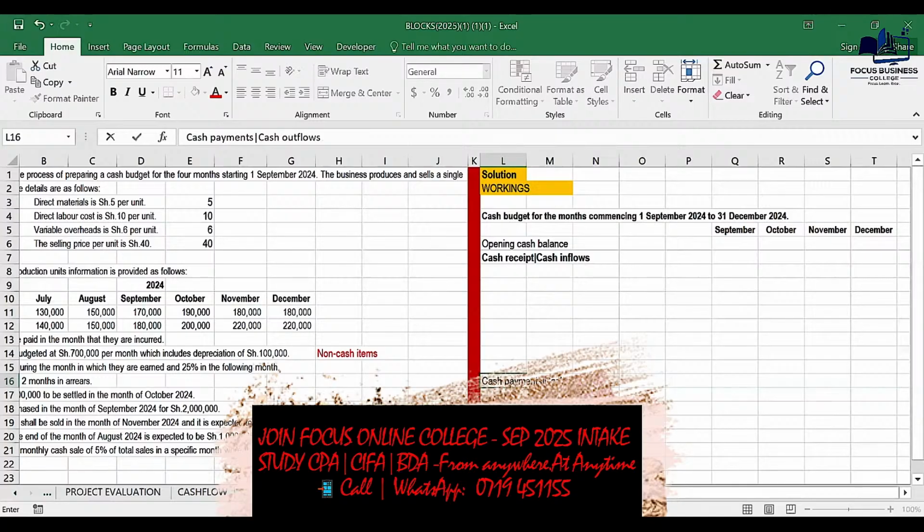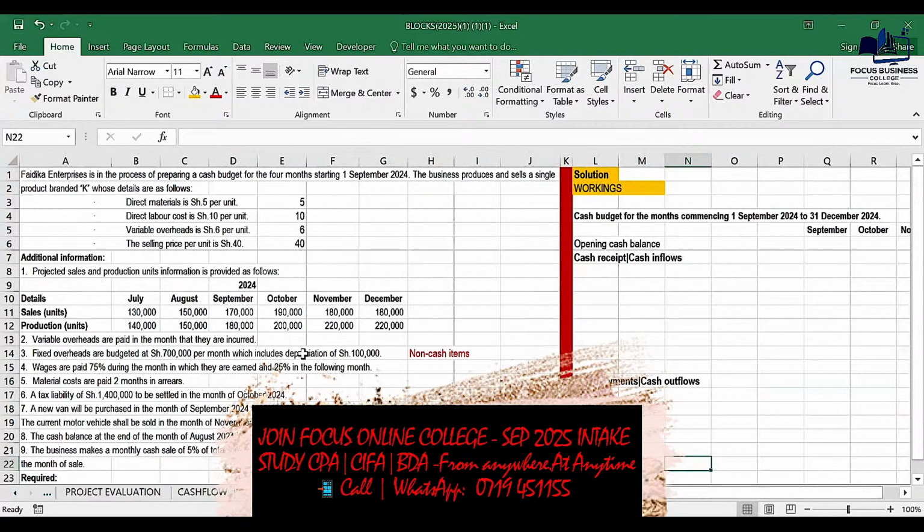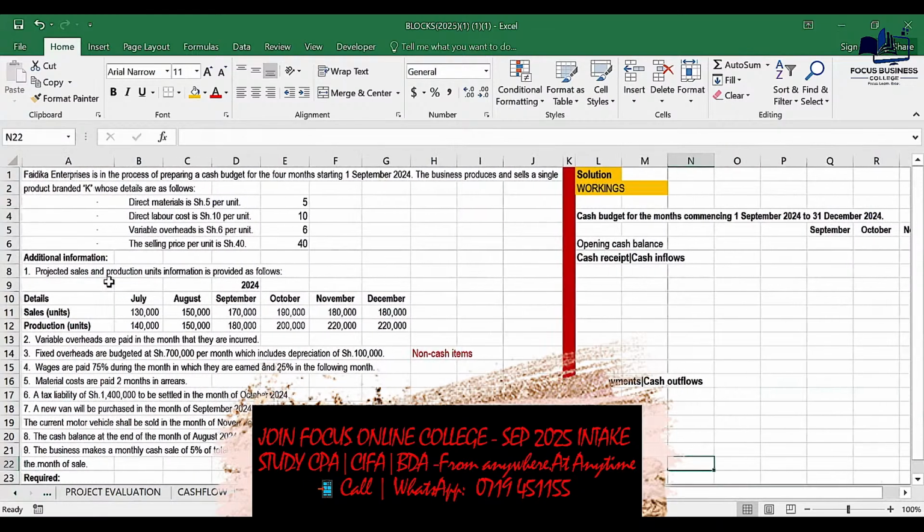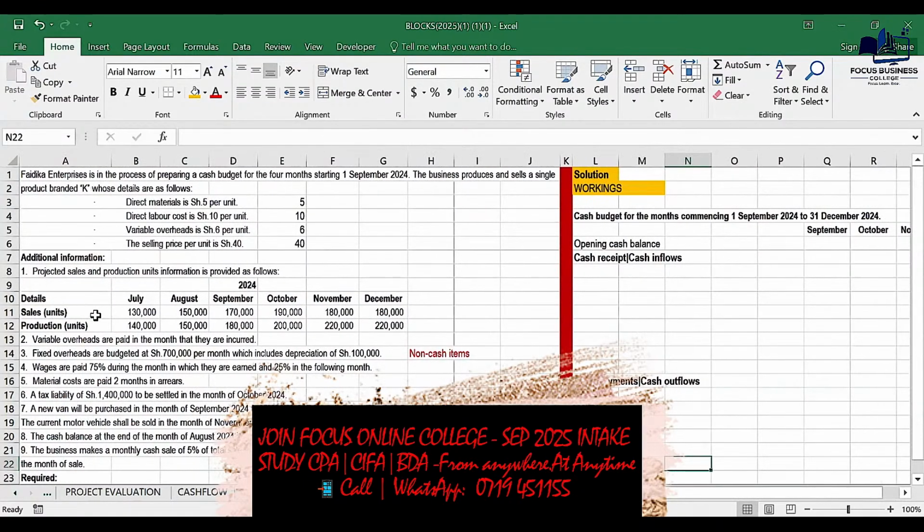Equally, in this case, we can bold this one. So I think we can go straight to the information in note number 1. We are given the projected sales, or the units which were expected to be produced and sold. This will help us in computing a number of items down here.